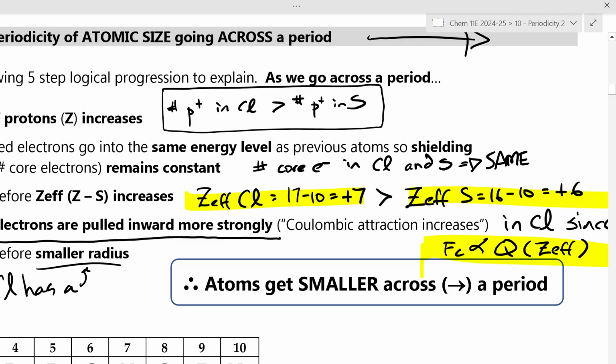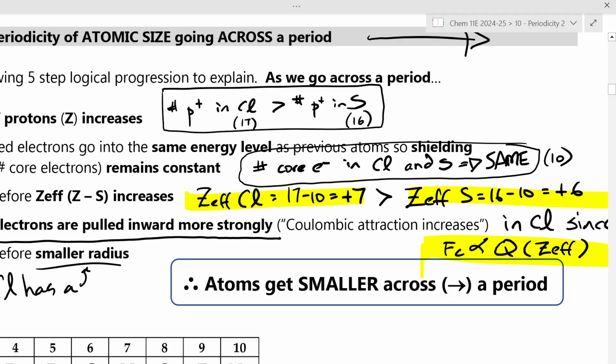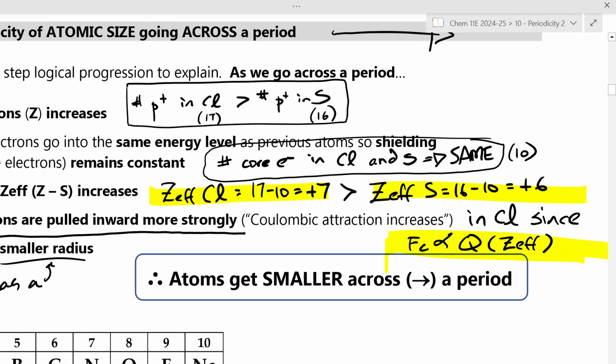And you could say the number of core electrons in sulfur and in S are the same. And then I like to show the calculation for the Zeff, 17 minus 10. You might even put 17 here, 16, 10. 17 minus 10 is 7. 16 minus 10 is positive 6.